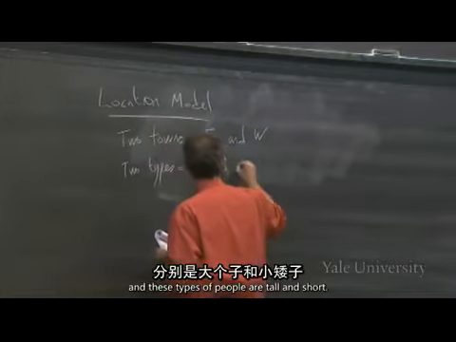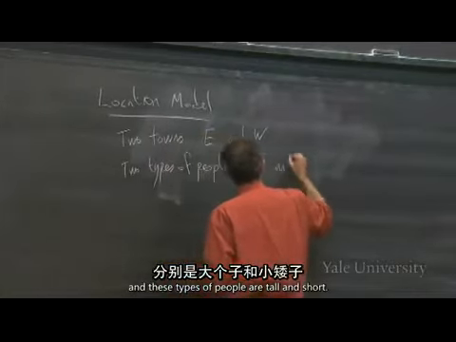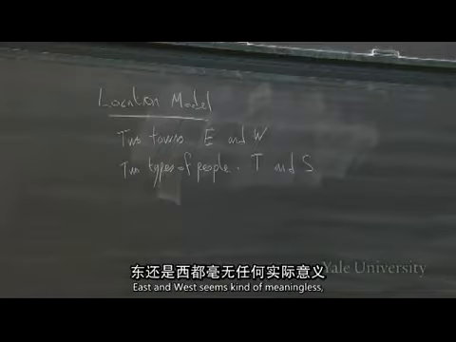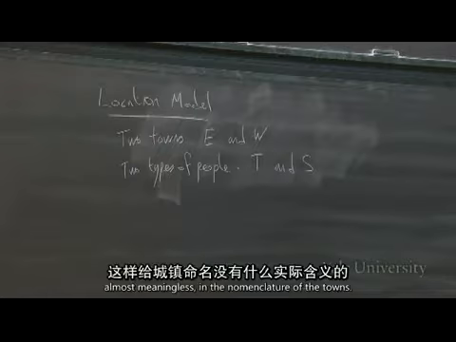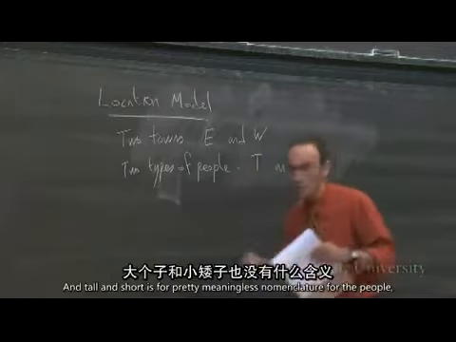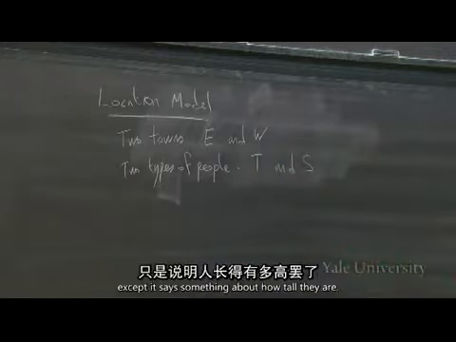These types of people are tall and short. All right? And deliberately, this is arbitrary, right? East and West is almost meaningless nomenclature for the towns, except I guess it says something about where they are, and tall and short is a pretty meaningless nomenclature for the people, except as it says something about how tall they are.